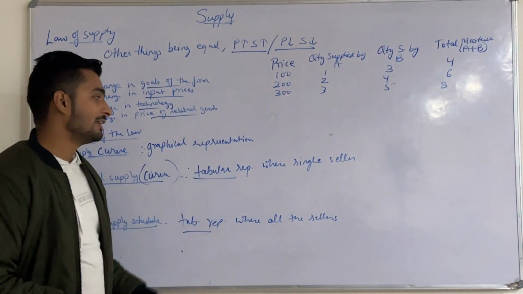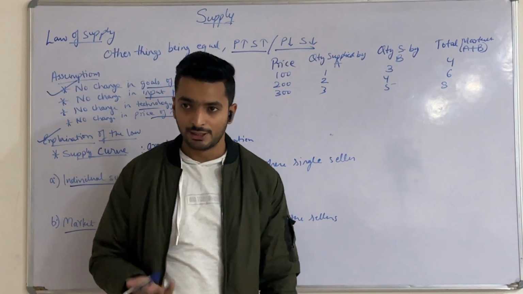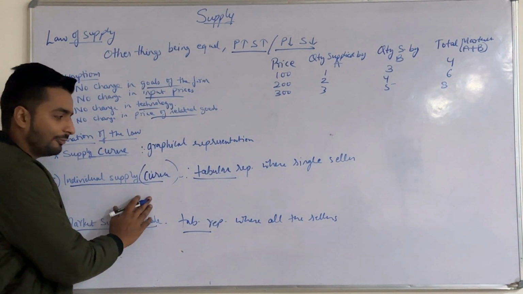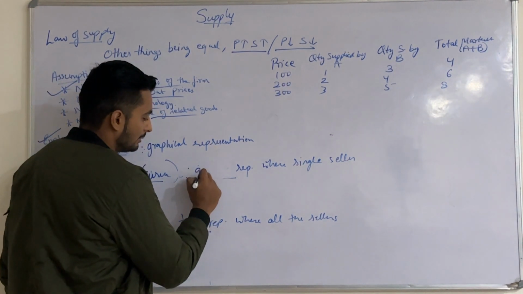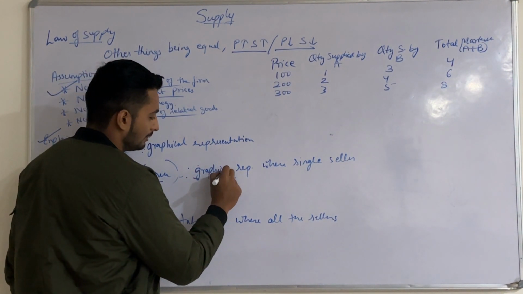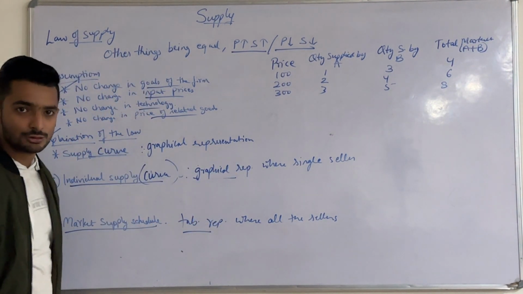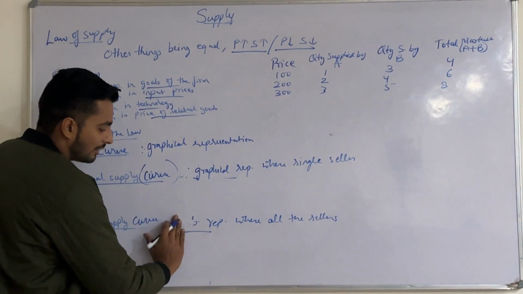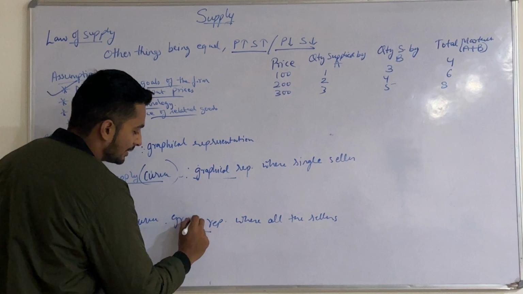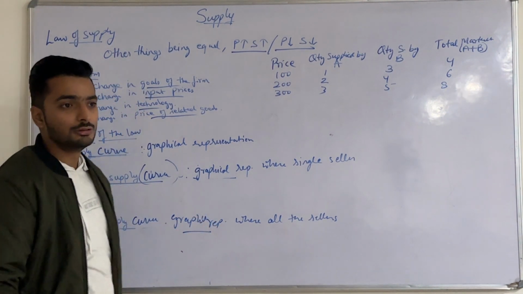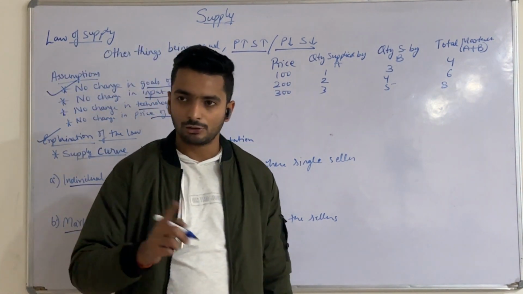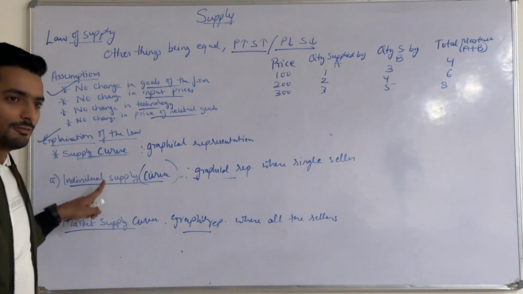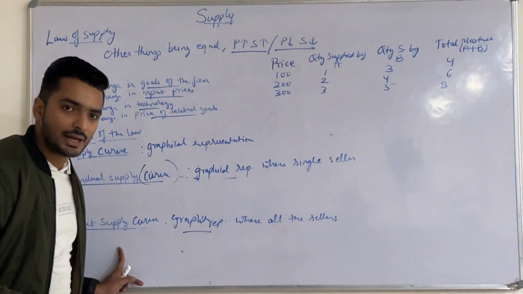It shows a graphical representation where the seller is willing to sell. These are of two types: individual supply curve, a graphical representation where a single seller is willing to sell, and market supply curve, a graphical representation where all the sellers are willing to sell at a particular price during a period of time.